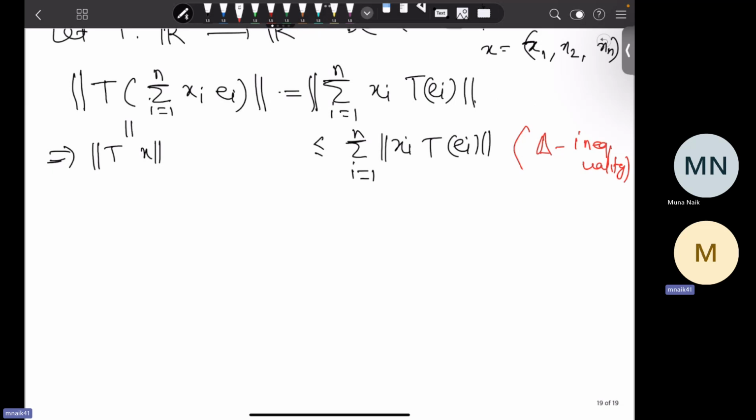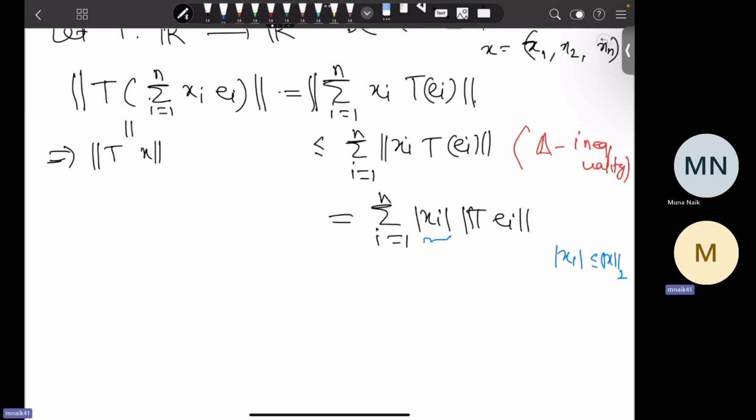Now apply the homogeneity. So this is the summation of i equal to 1 to n, modulus of xi times norm of T ei. But modulus of xi is always less than or equal to the L2 norm of x. This is clear.